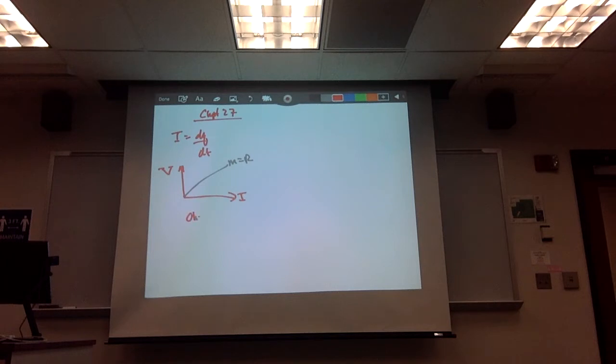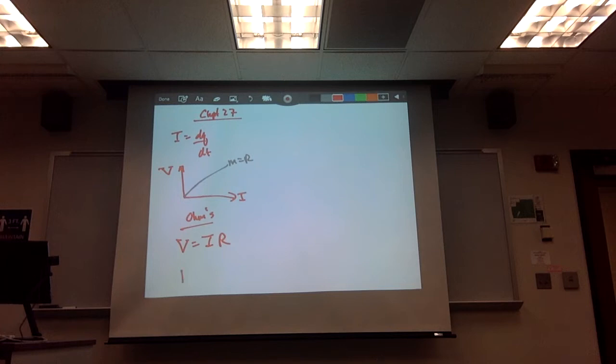So Ohm's law then says that the potential is equal to the current times the resistance. Okay, this is technically only true in conductors, so metals, but okay, we didn't talk about any other case, so that's what you get.